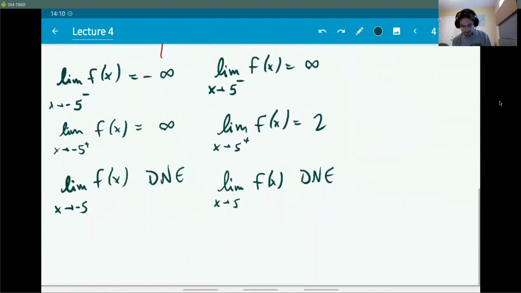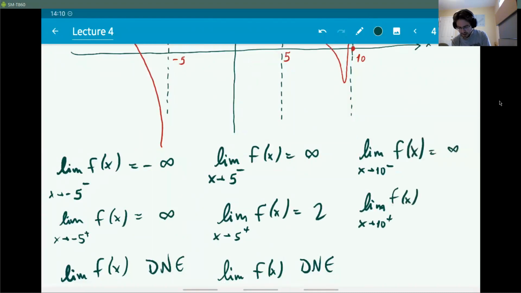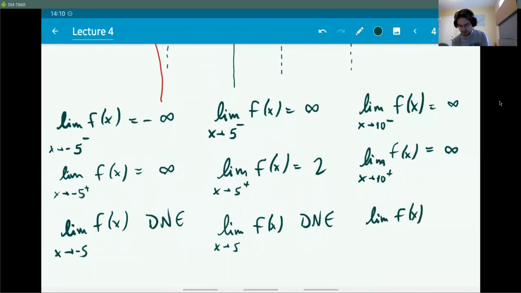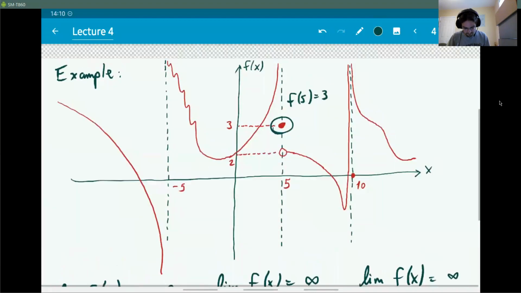So actually the limits around 10, both on the left and on the right, indicated by this graph, they are plus infinity. And in this case, the one-sided limits are equal, which means the limit itself is also infinity. So that was our graph example.